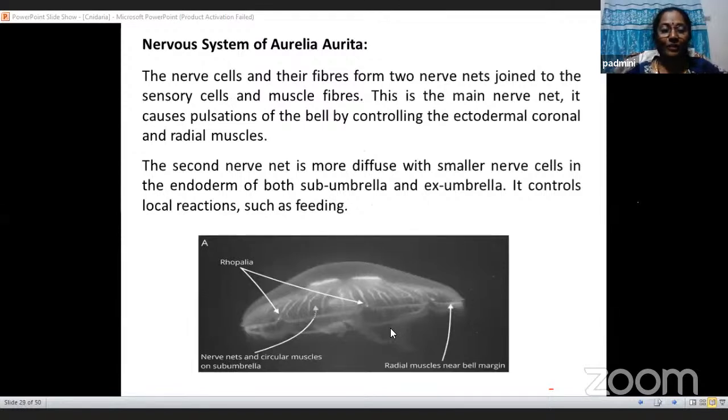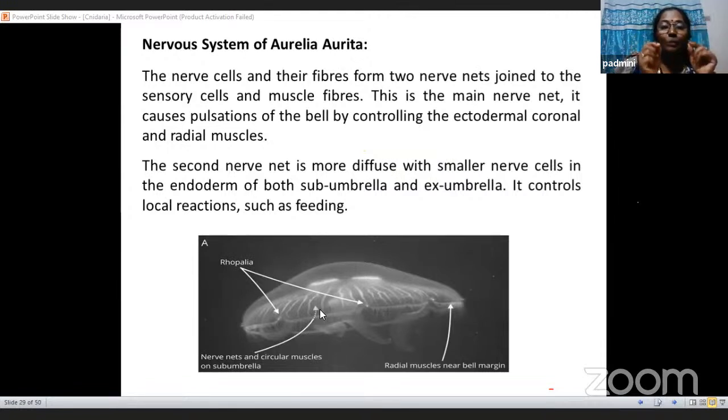Coming to the nervous system, it is a very simple nervous system. You will find some nerve networks in between, among these tentaculocytes, the rhopalium. In between, that very thin transparent thing, you can see, is a nerve network, also present in the circular muscles of the subumbrellar region. So they are present in the subumbrellar region.